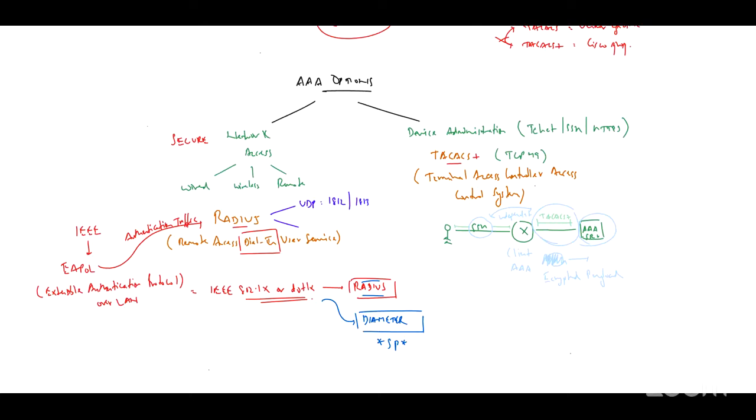Okay, and I'll explain why you need two ports here and why you have a single port there. The other set is 1645 and 1646.